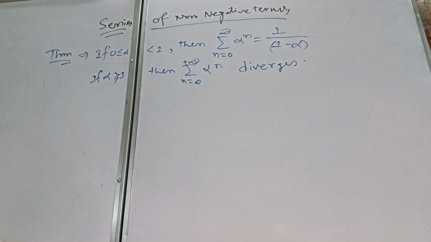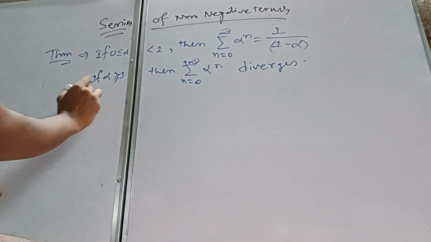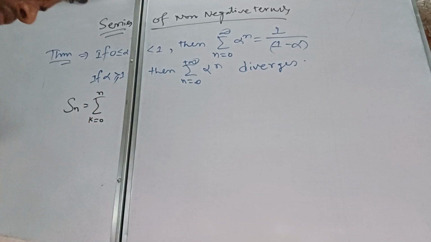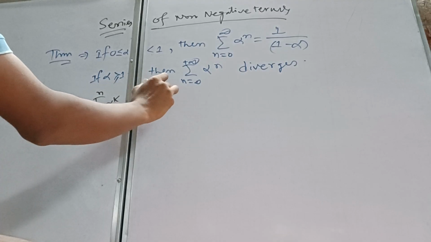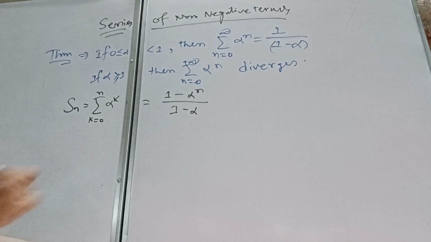So what we do, we know from the geometric series that Sn equals the summation k equal to 0 to n of alpha to the power k, which equals 1 minus alpha to the power n plus 1, divided by 1 minus alpha.